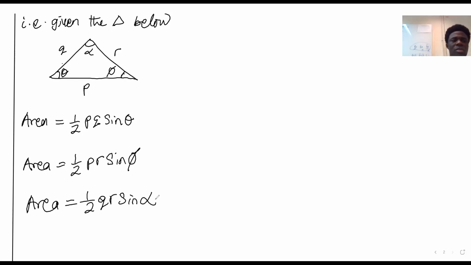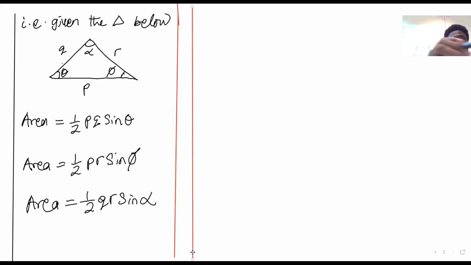So this is similarly extended to other shapes, like I said earlier. What do I mean by other shapes? Talking about parallelogram.